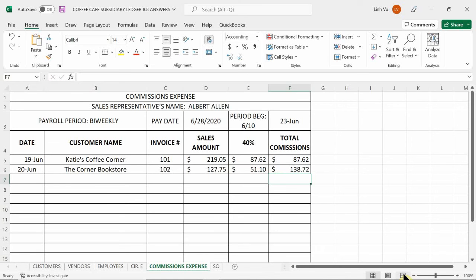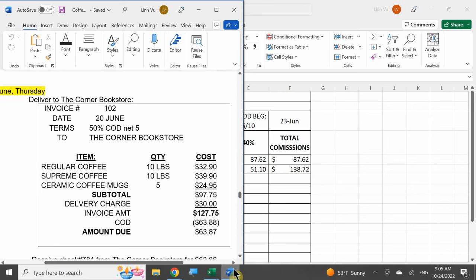So I owe Albert right now $138.72. Good. We did the journal, the ledger, and the subsidiary ledger. So now what?